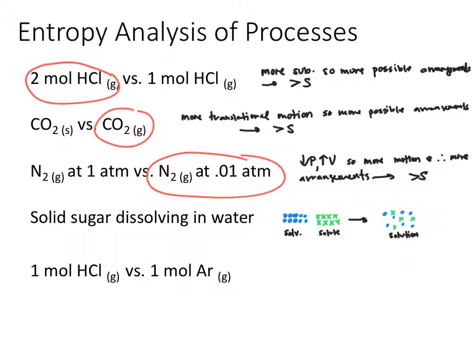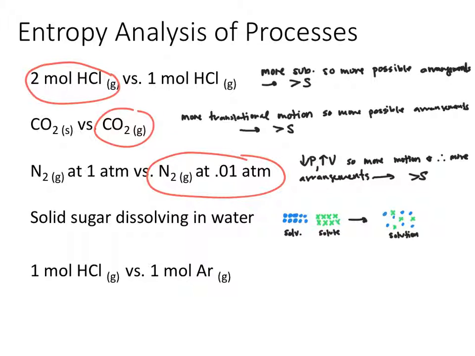Okay, so let's look at the entropy here. So we have solid sugar and water. They are coming together to form a solution. Okay, so if we look at the solvent, which is water, and the solute, which is sugar, they both have repeating organized patterns in their particular substances when they're by themselves.